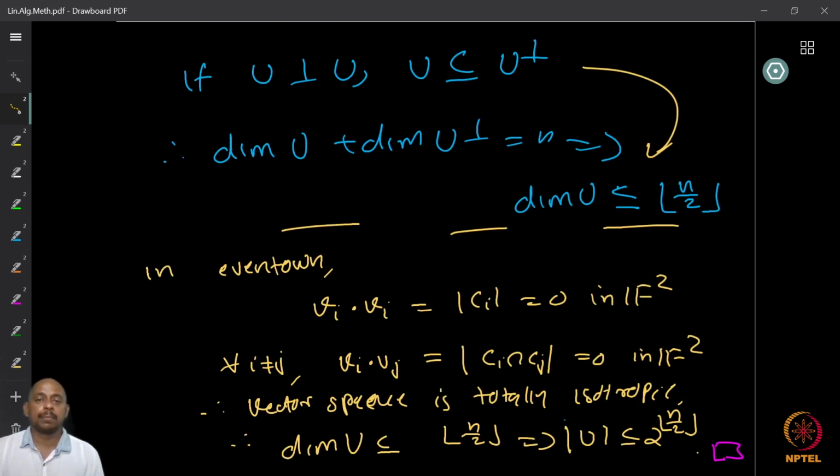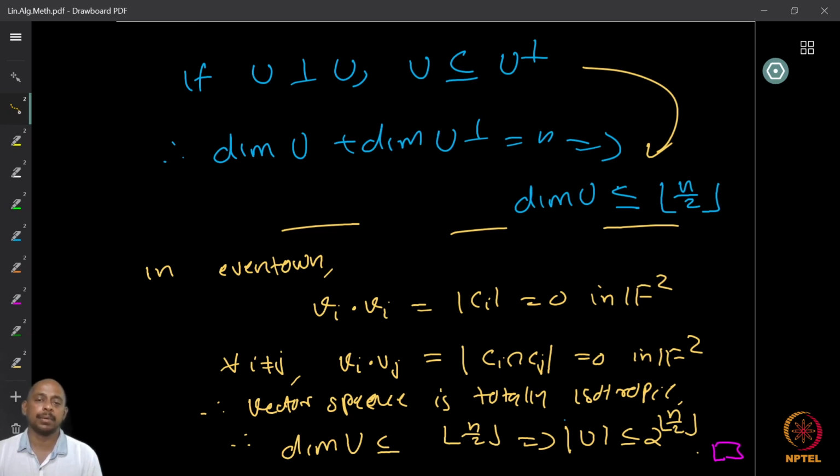Now, if U is perpendicular to itself, then U is a subset of U perp, because U perp is a collection of all vectors which are perpendicular to U. So since U is perpendicular to itself, it is a subset of U perp. Now, the dimension of U plus the dimension of U perp is equal to n, from the previous observation. Because the dimension of U perp is n minus k, and these two sum to n, the dimension of U must be less than or equal to floor of n by 2.